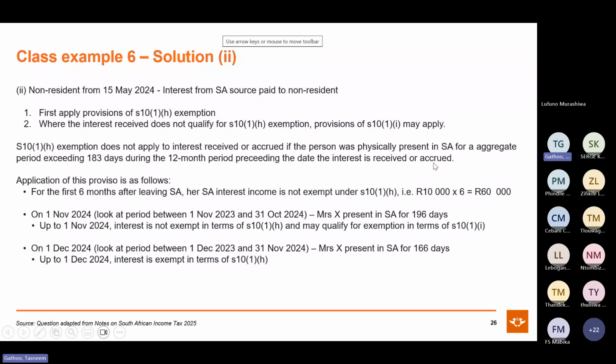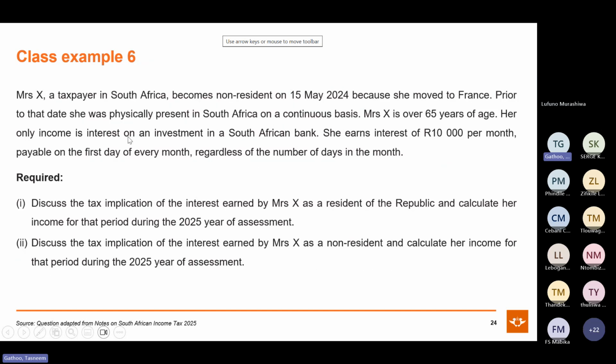What that means is, on the date that the interest is either received or accrued to that taxpayer, if the taxpayer was present in South Africa for a period exceeding 183 days in the 12-month period before, and be very careful that this 12-month period is not the year of assessment, it's any 12-month period, if that person was physically present in South Africa, then section 10(1)(h) won't apply. And if we go back to the scenario here, it says that she moved to France on the 15th of May.